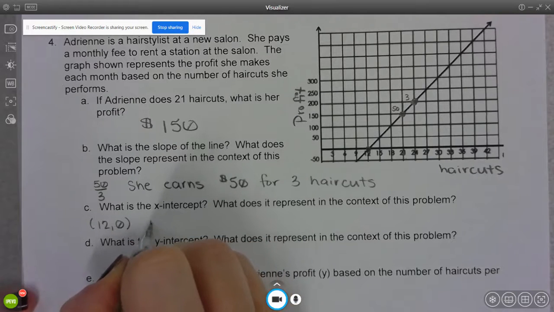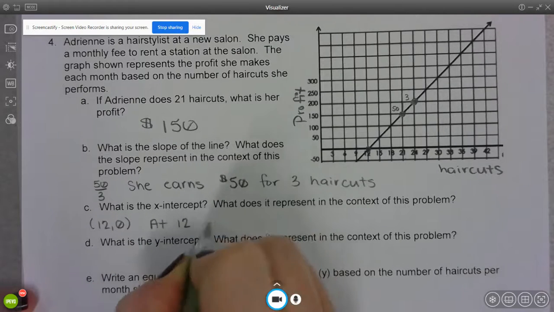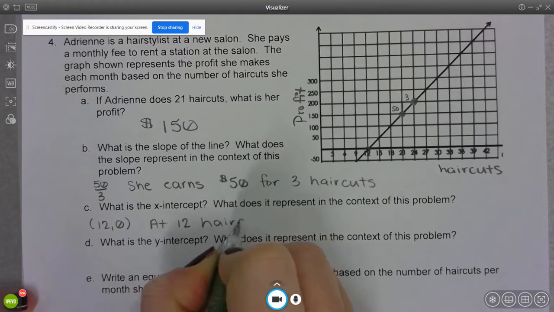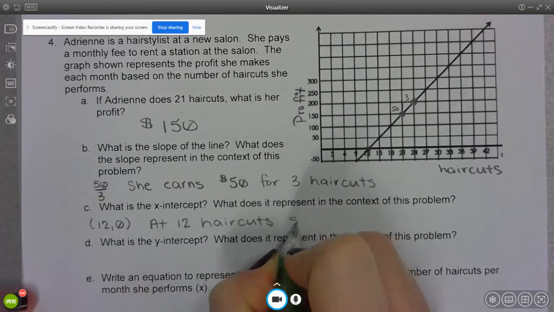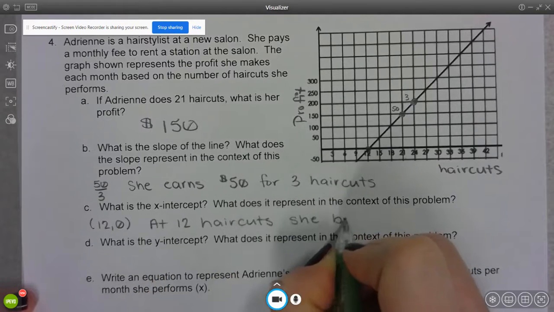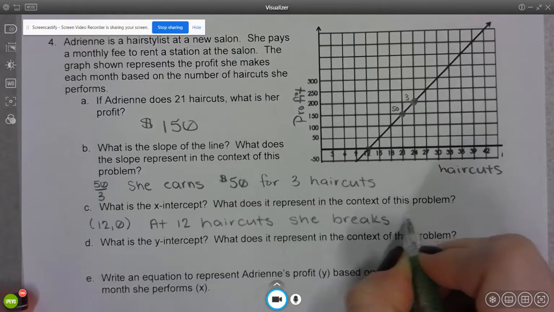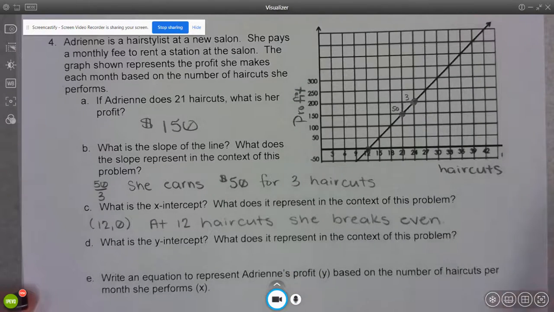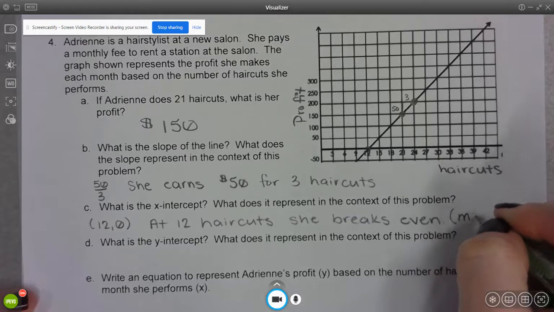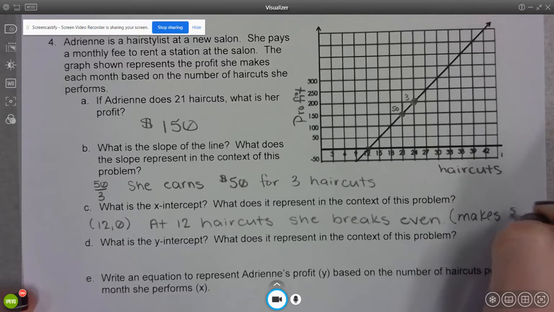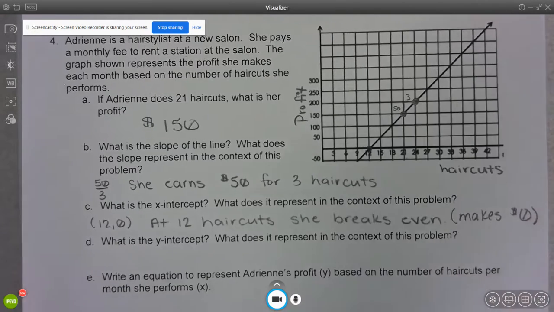So that means at 12 haircuts, she breaks even, meaning she makes no money. So that means whatever she takes in for haircuts is what she's going to give to the salon as her rental fee.